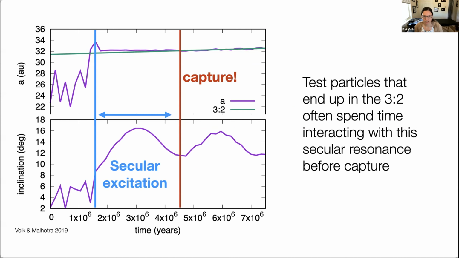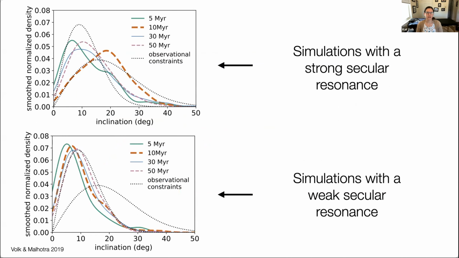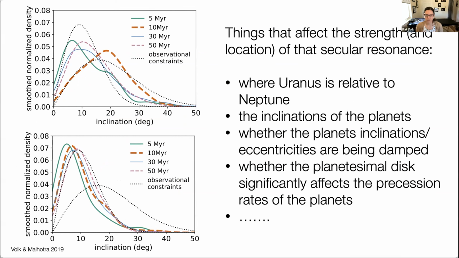So I did a bunch more simulations, and you get hot inclination distributions in the Plutinos, and to a lesser but still noticeable effect in the hot classical population, if that secular resonance is particularly strong during migration. If it's weak during migration, you get lower inclinations. So it's not directly tied to the time scale, it's instead tied to the strength of the secular resonance.